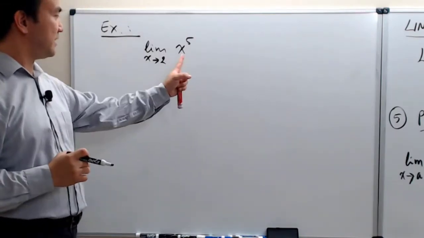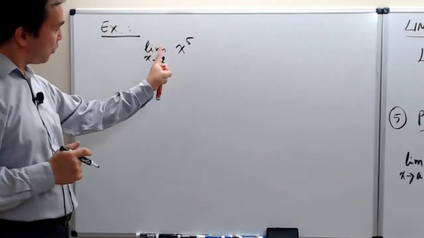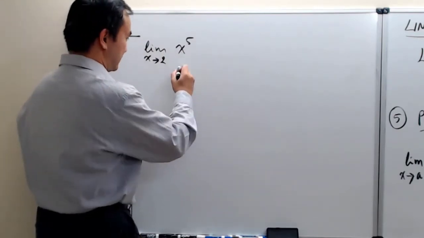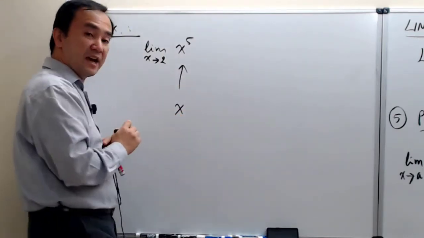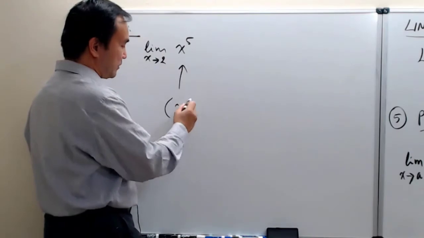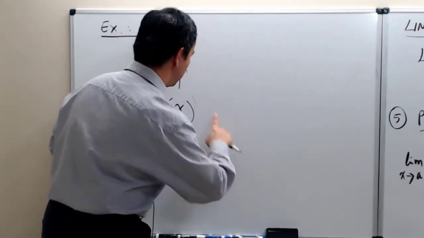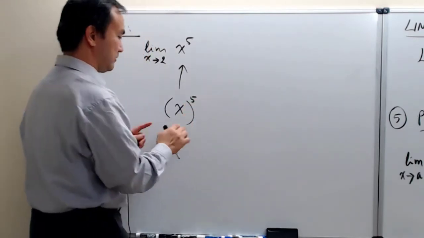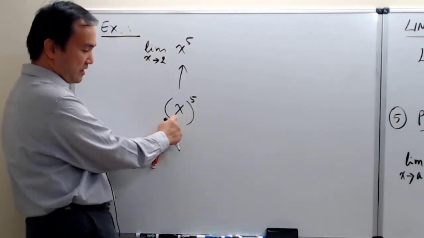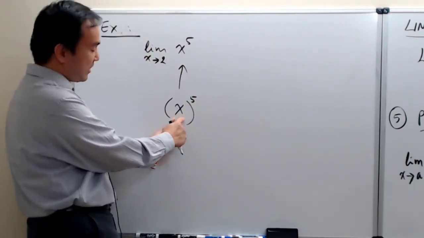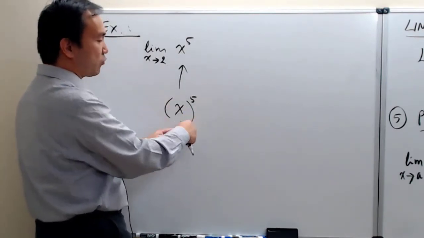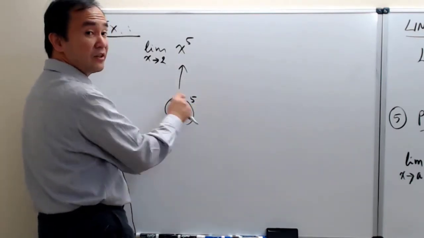So x to the 5th is our function, but the way I'm seeing this is we already had a known function being x, and this function is being raised to the 5th power. So you can treat our function f of x here as just simply the function x, and then f of x is being raised to a power, so n is 5 in this case.